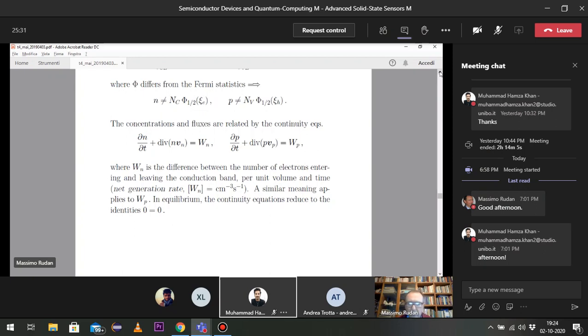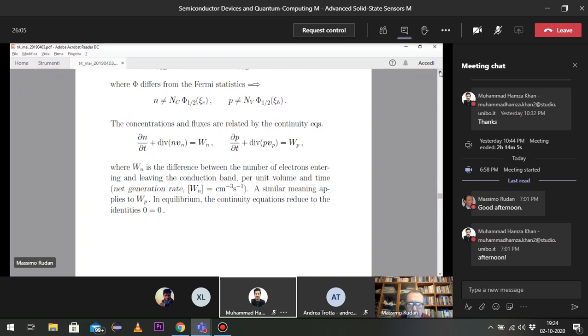So Wn and similarly Wp embed all the possible types of transitions that change the population either of the conduction band or the valence band, okay? In many cases, it is convenient to distinguish what are the reasons for these transitions, okay?